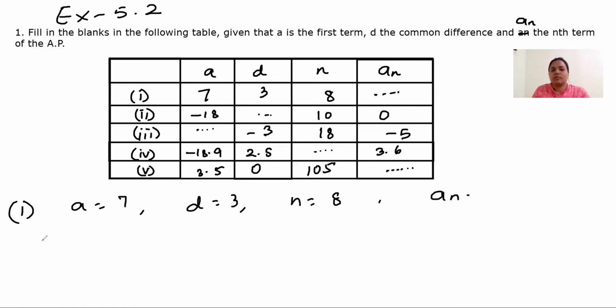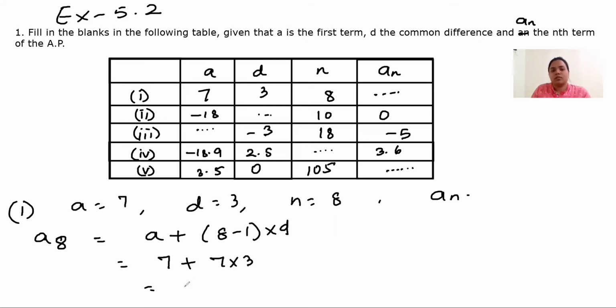So we have to find a8, because n is 8. So a8 will be equal to a plus 8 minus 1 into d. This is equal to 7 plus 7 into 3. 7 plus 21, that is equal to 28. So here I can fill this as 28.